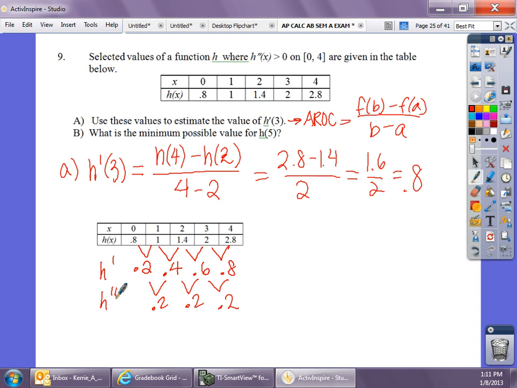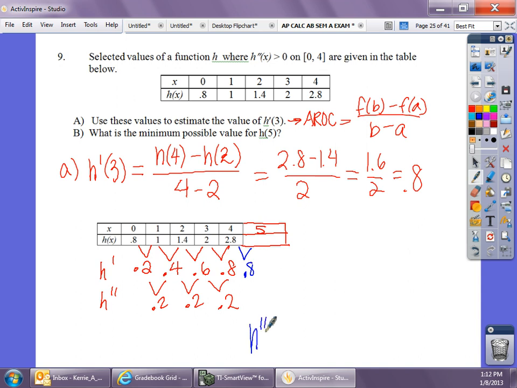The only way that your second derivative is going to be positive is if your first derivative, given that it's 0.8, the next value has to increase by at least 0.8. Because if it increases, then I guarantee that the second derivative is going to be positive.